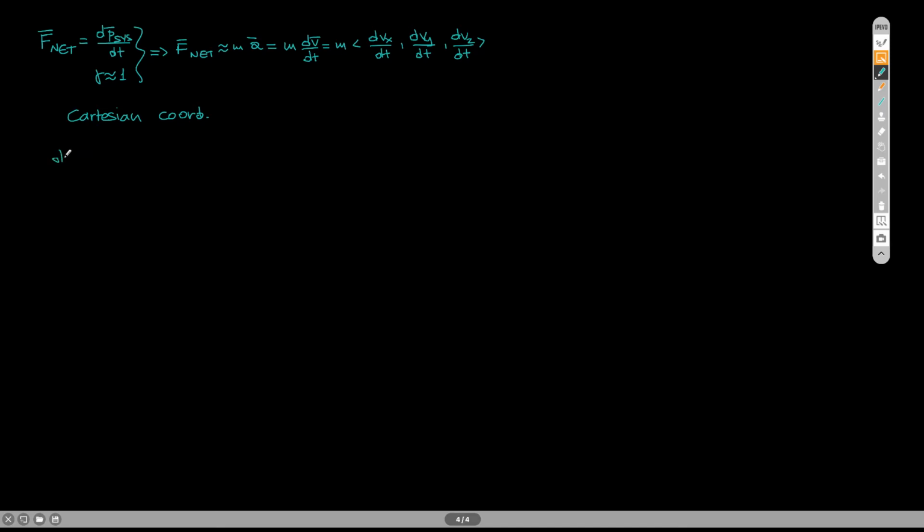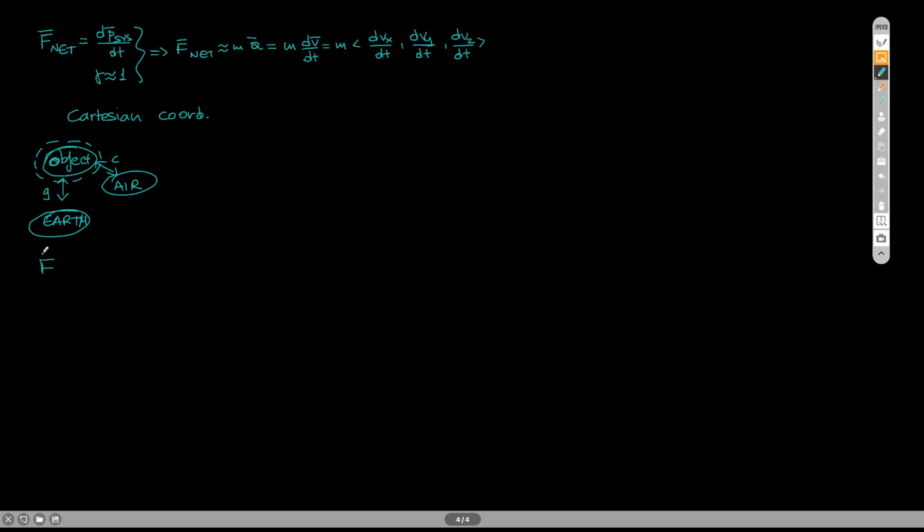So let's say I have my object, and it does have a gravitational interaction with the earth. And it also has a contact interaction with the air. Okay, and as my system, I am choosing just the projectile, just the object.